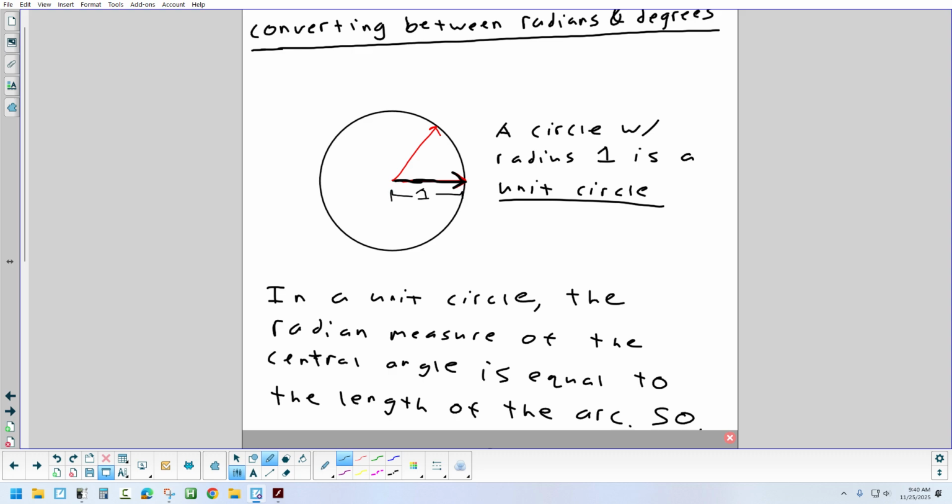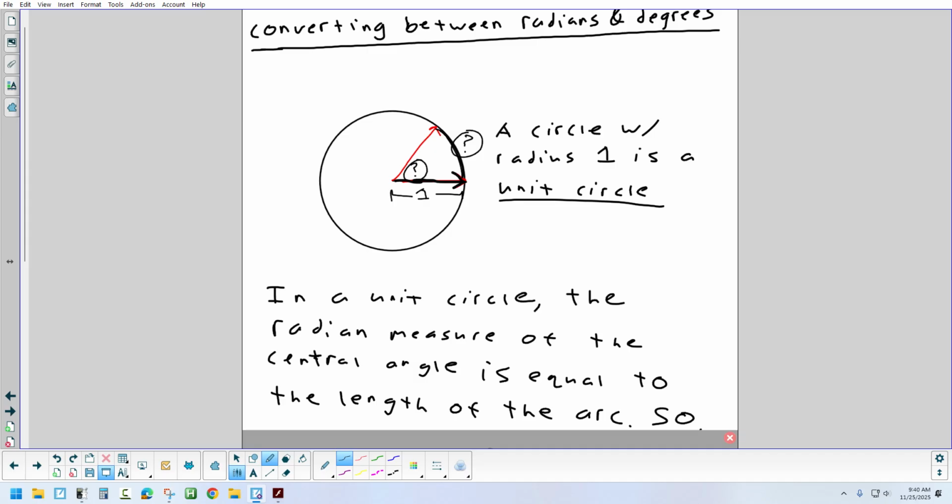If you draw an angle like that in a unit circle, and then you measure how big that angle is, and then you measure the length of that arc right here, those two things will come out exactly the same.